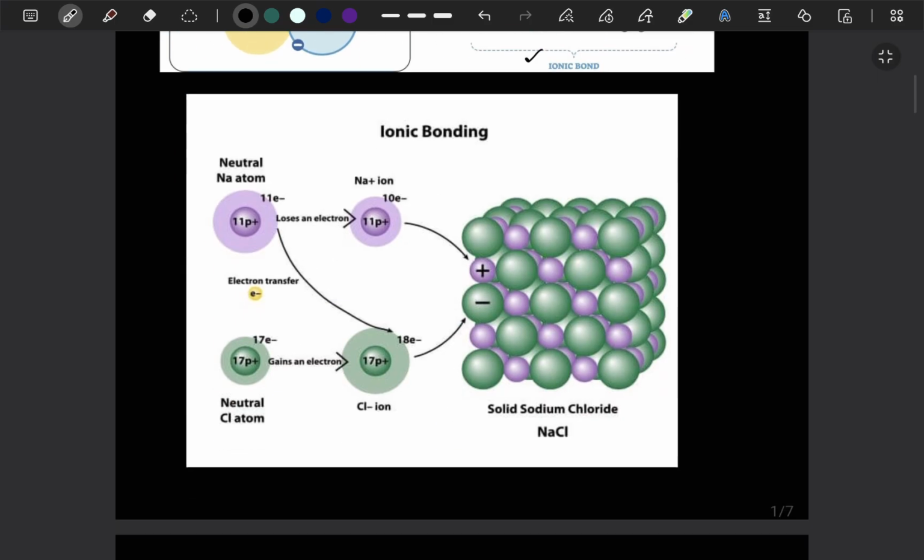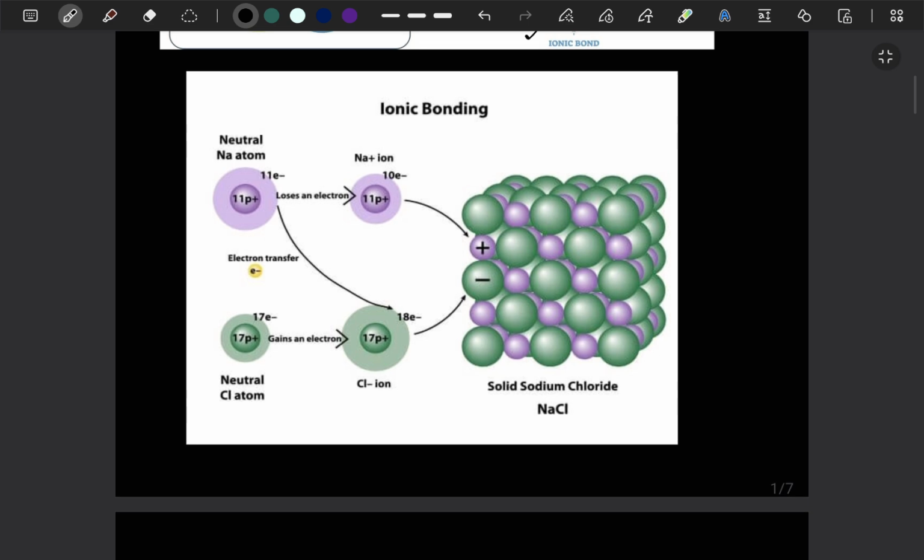Understood? See here. Sodium, earlier it was neutral, now it has lost 1 electron, so it has 1 extra positive charge, 1 extra proton. Chlorine has gained 1 extra electron, so earlier it had 17 electrons and 17 protons. Now it has 18 electrons and 17 protons, so it is now a chloride ion. Understood?